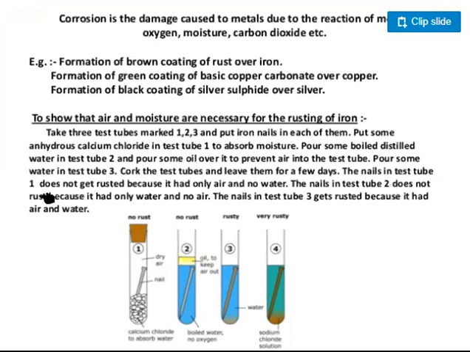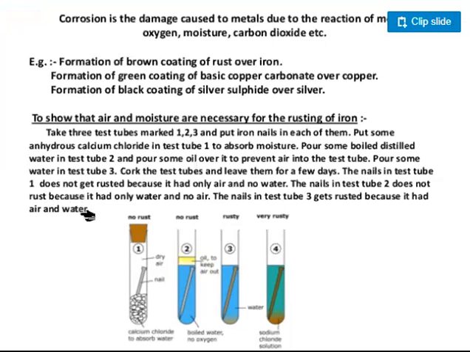Pour some water in test tube 3, place a cork on it and leave them for a few days. The nails in test tube 1 do not get rusted. Why? Because here we have put the anhydrous calcium chloride, which absorbs the moisture. It has no water and no air. In test tube 2 it has only water, it is not getting the air.